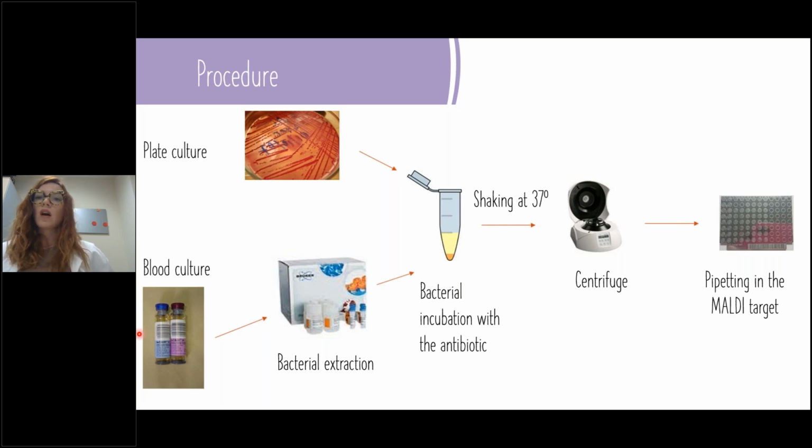If that is the case, you have to perform a bacterial extraction. But then the procedure just follows the same. You have to incubate and then centrifuge, and the supernatant is spotted on the target plate. It gets dry, and after that you apply the matrix and perform the reading in the equipment.